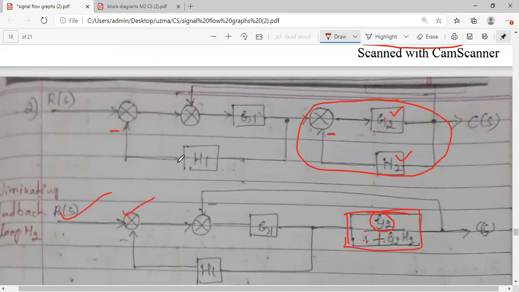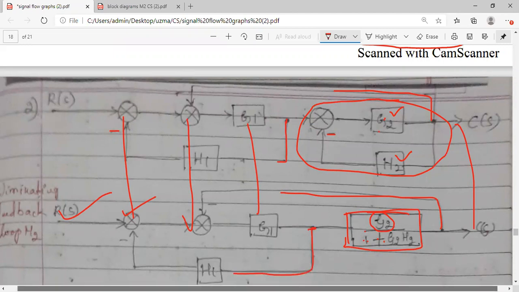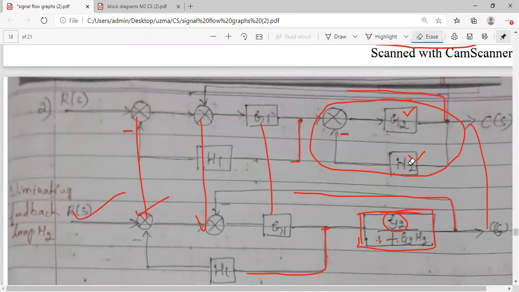Remaining all terms I have written as it is. You have adder, summing points, you have G1, then you have C of S. From here you have one feedback, so that feedback I have drawn. Then from this point, you have one more as it is. So when you apply any one rule, apply the rule only for that part.